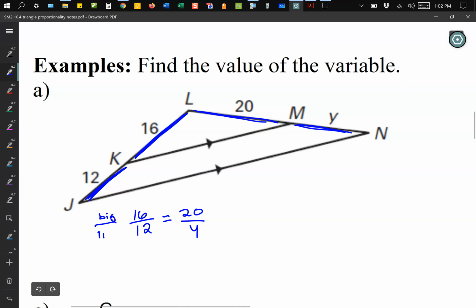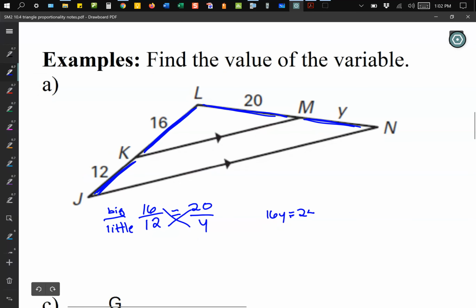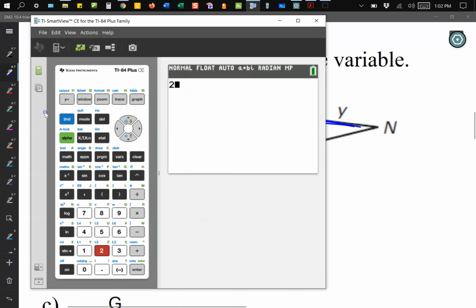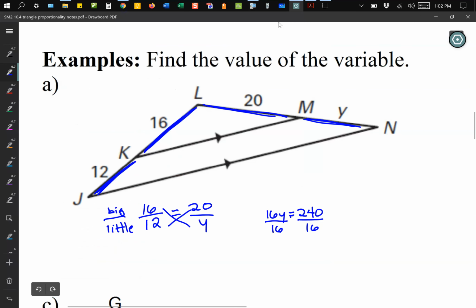And then cross multiply just like you do in any other proportion. So we get 16y equals 240. Divide by 16. That gives you that y is 15.